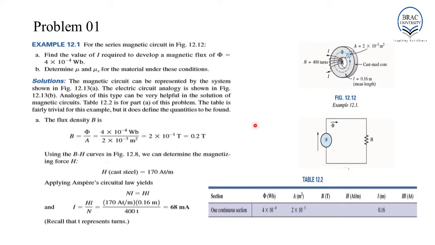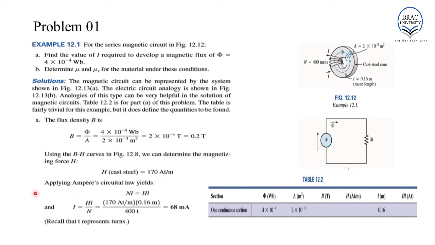We know that the material used is cast steel. Then, using the BH curve for cast steel, for a value of 0.2 Tesla, we can find the corresponding value of H, which will be approximately 170 ampere turn per meter.